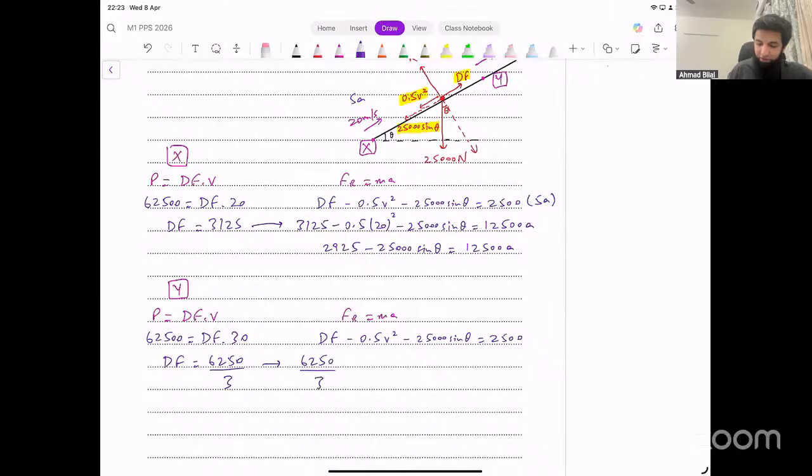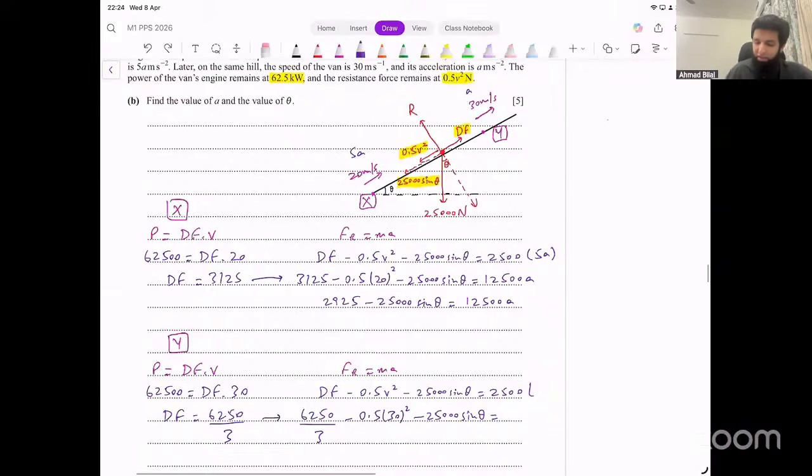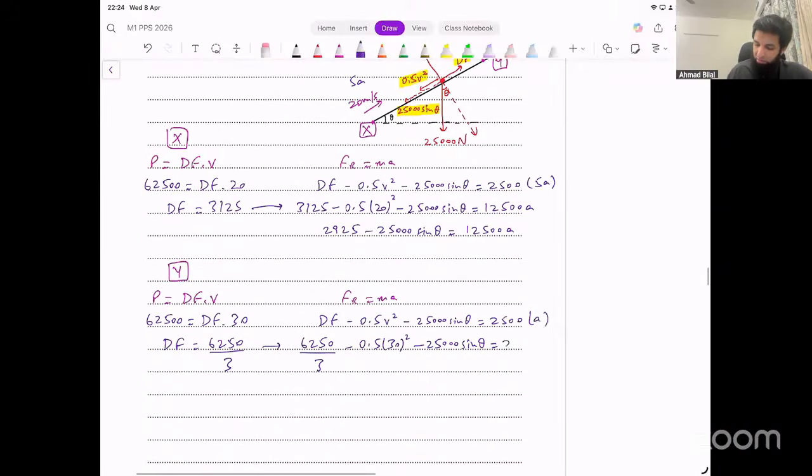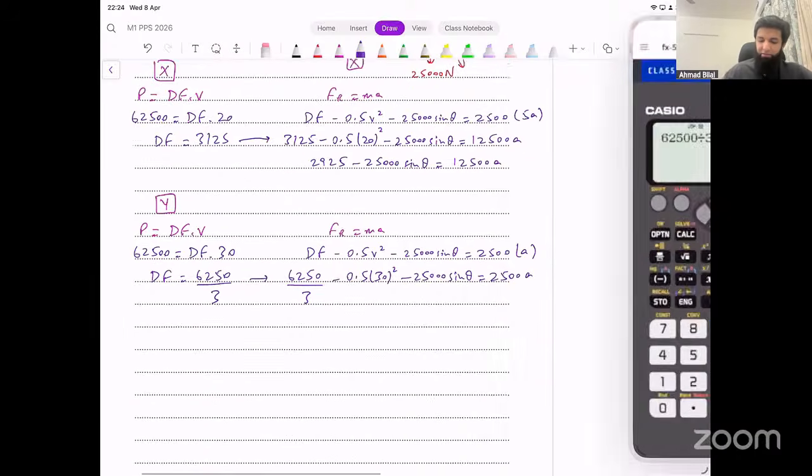6250 divided by 3 minus 0.5 times 30 squared minus 25,000 times sin theta. That equals 2500, which was the mass, times acceleration. Acceleration at that point was a. So on the right, we've got 2500 times a. This is another equation that we end up getting now.